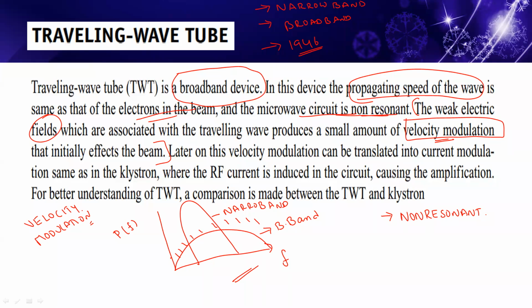The traveling wave tube structure and klystron structures are comparatively very close to one another. So this is the basic introduction slide for the traveling wave tube.